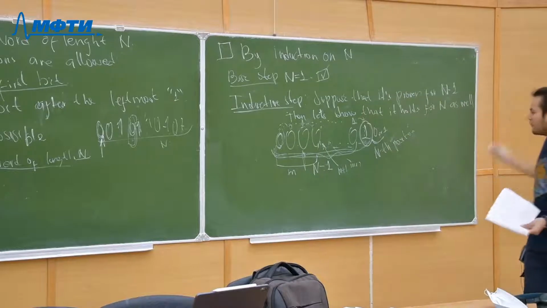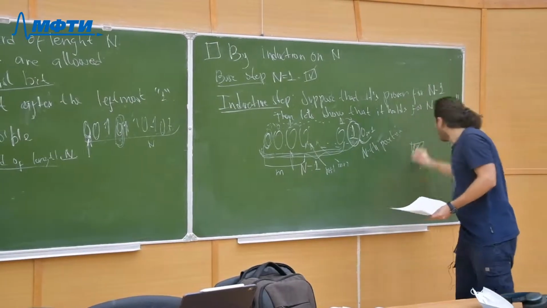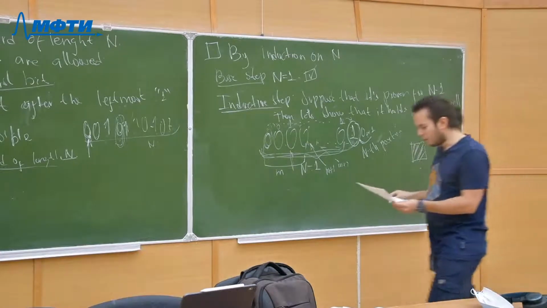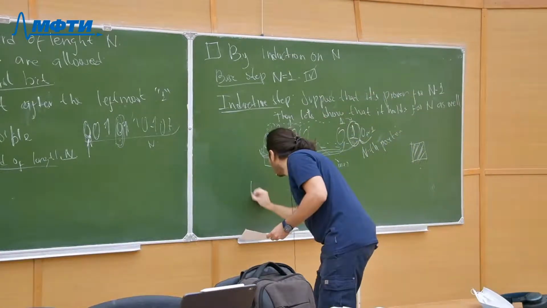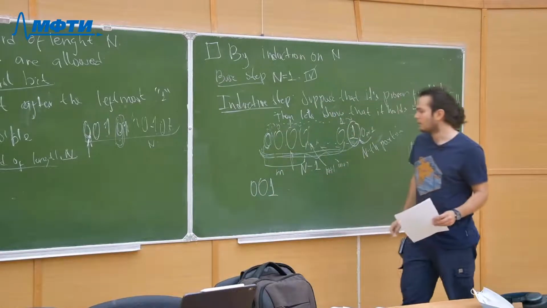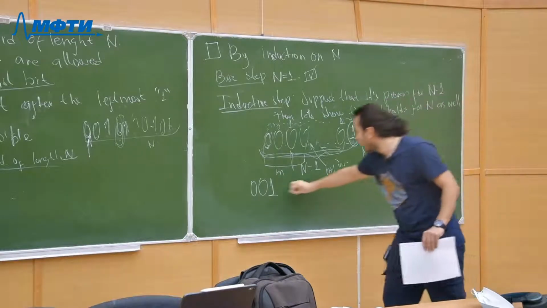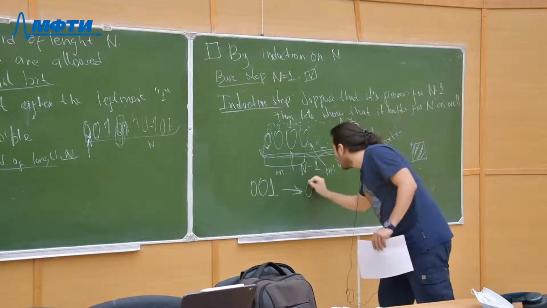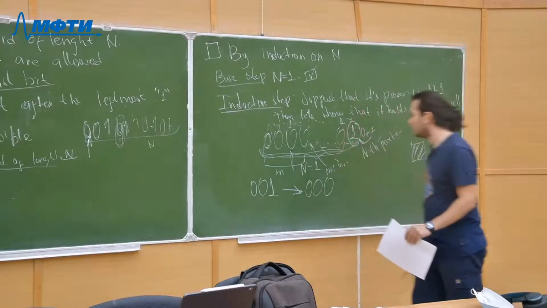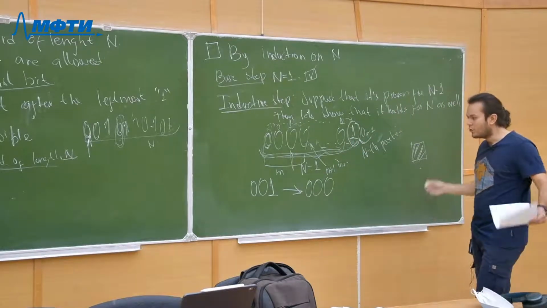Let me give you an example. So this is proven, but let me give you an example. For example, if we have this word 0, 0, 1, and I want to get the word 0, 0, 0, what do I need to do?